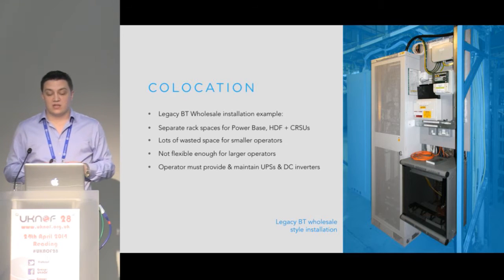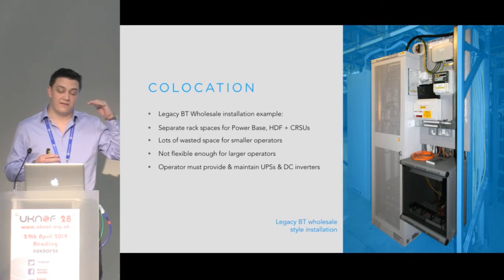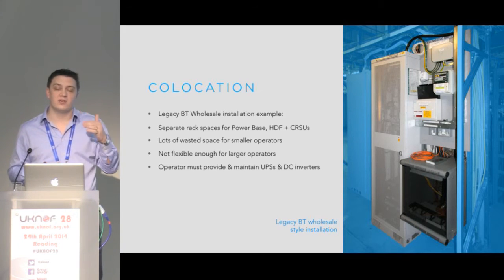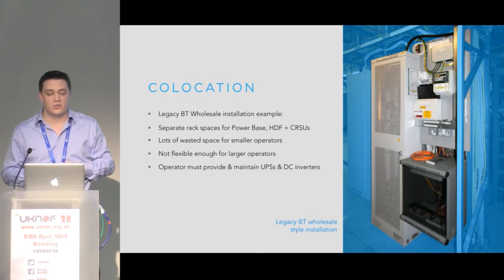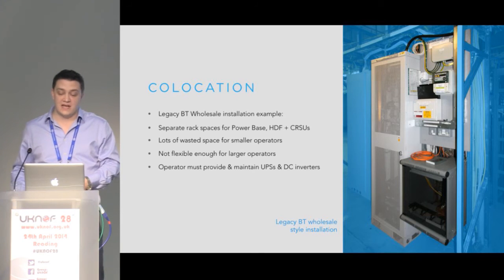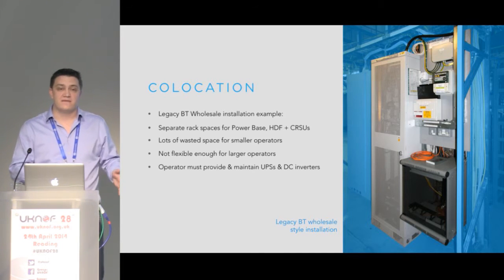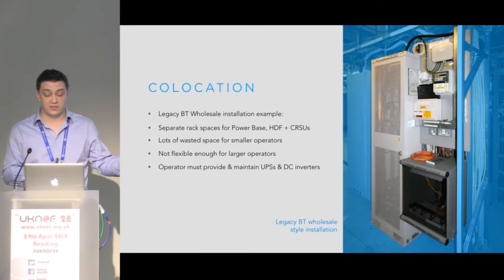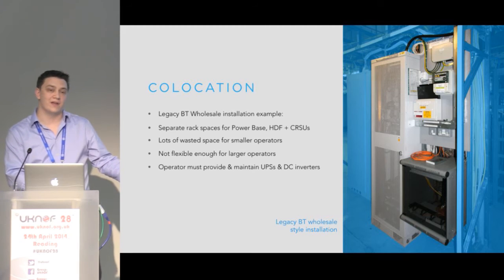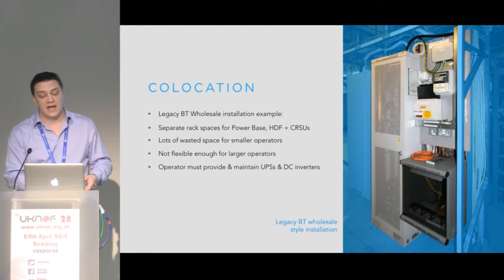The old way of doing it was that they assumed that most operators who were wanting to go into exchanges were going to be big, so they would separate out the power base and the HDFs, so the tie pairs, and you'd have dedicated space for that. In this photo, it doesn't really show that, but there would traditionally be another rack footprint next to you with all the tie pairs in it.